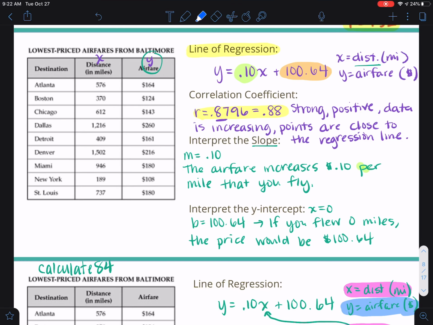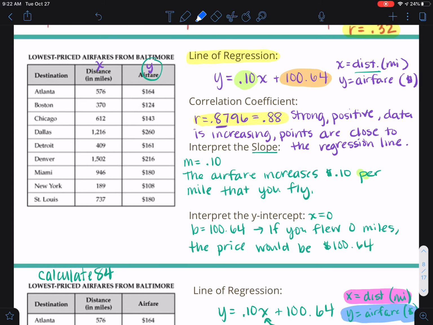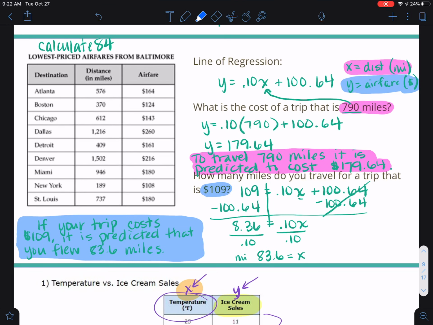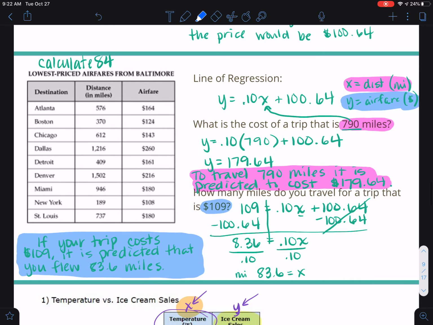Make sure you can interpret the slope and the y-intercept. Remember, slope is always how it's changing, so is it increasing or decreasing? And your y-intercept is always your starting point, where it starts when x is 0. And then you have to know how to make a prediction: plug in for x and solve, and also plug in for y and solve.